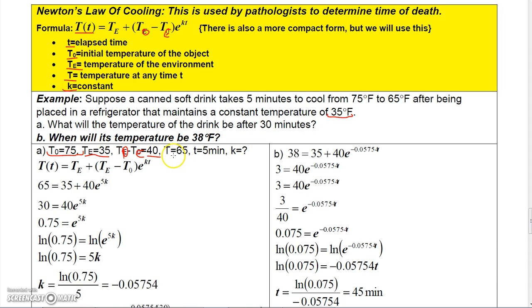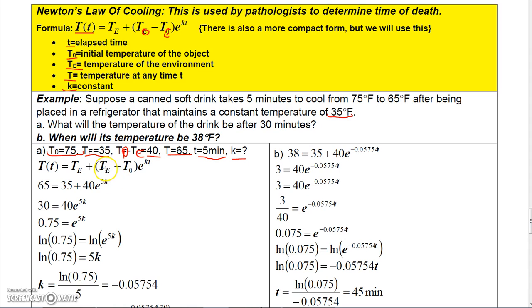Now, the temperature that we want to achieve is 65 degrees, and it's going to achieve that in 5 minutes. So given this information, can I find the actual constant for the formula?